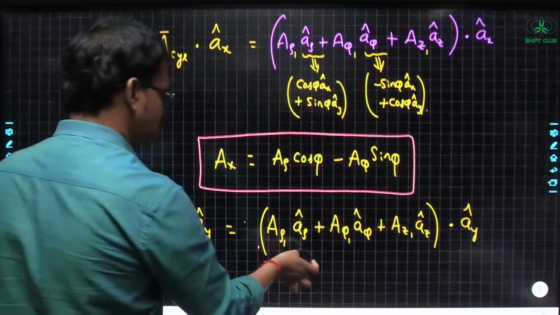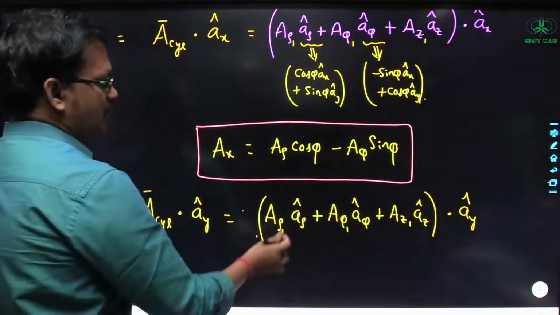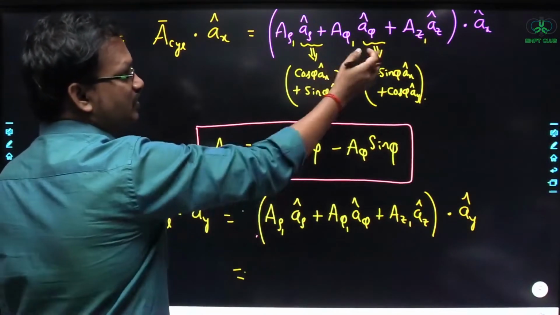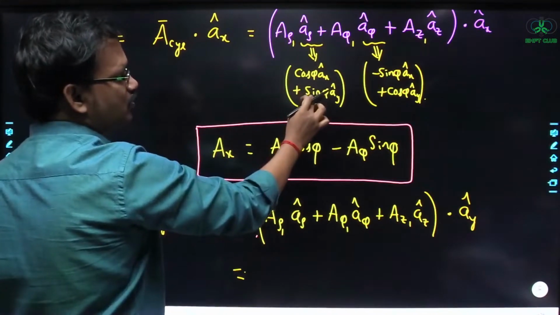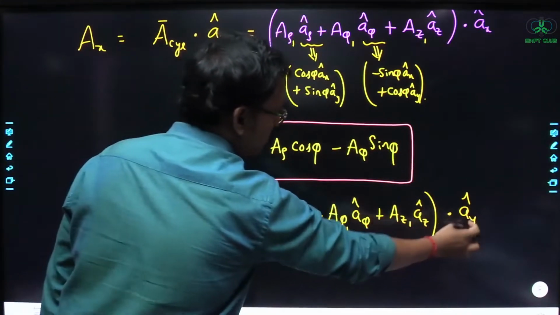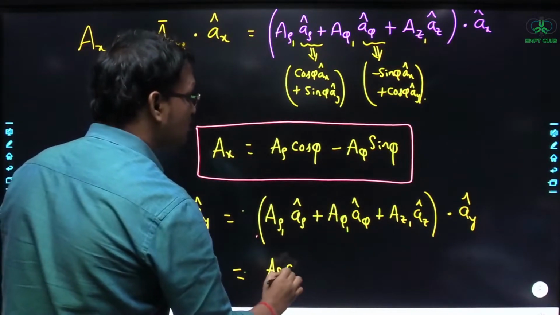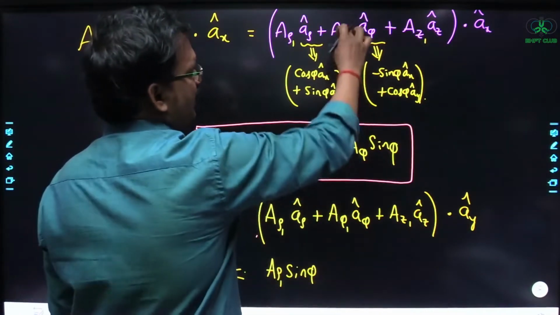So if you do this, what you are going to get? Again and again there is no need to write here. Here a rho cap is nothing but cos phi ax cap plus sin phi ay cap. Just multiply y components here. So you are having a rho 1 into sin phi dot ay cap. So you are going to get a rho 1 into sin phi.